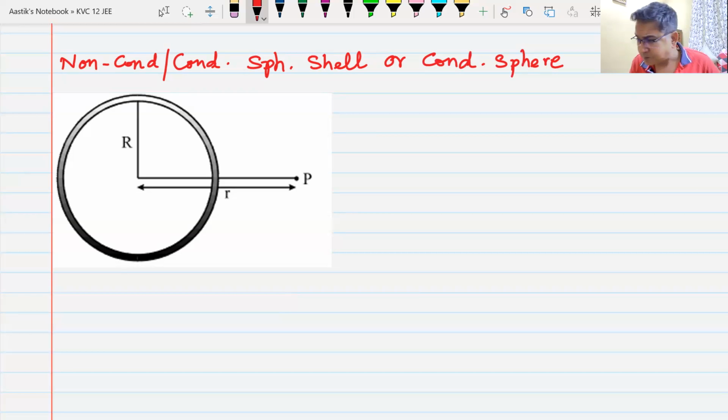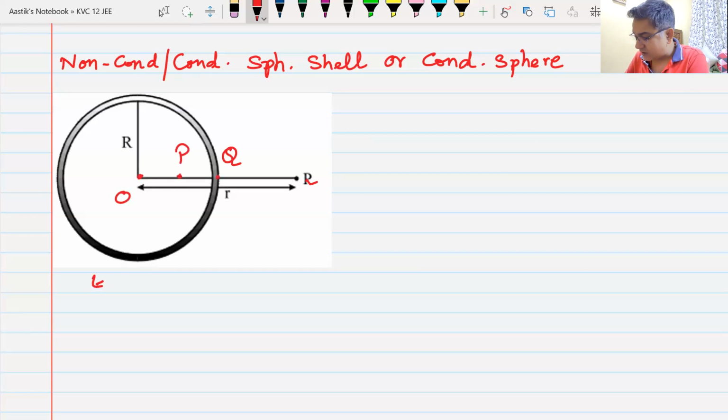Whenever we have this sphere or shell, we have points. Let me mark the points. One is the center. Then one point is inside the shell or sphere. Then the other point is on the shell or the sphere. Then the other point is outside the shell or the sphere.